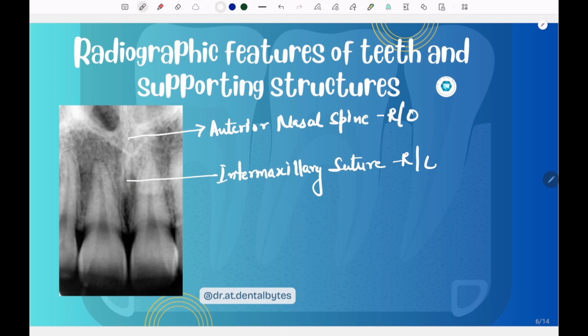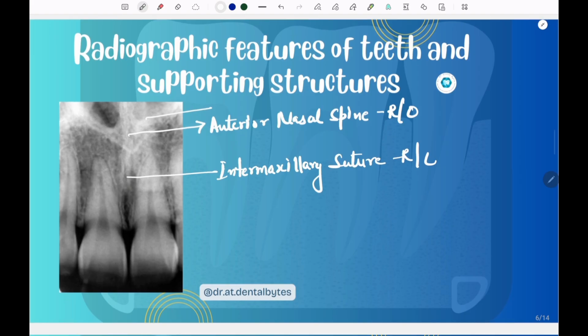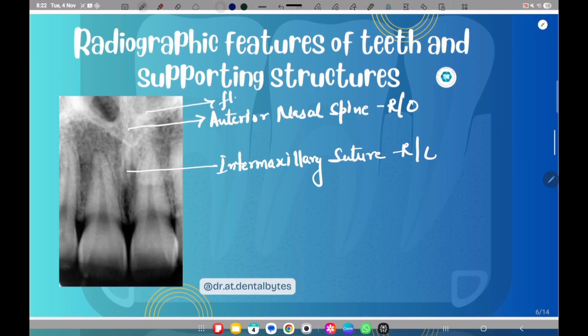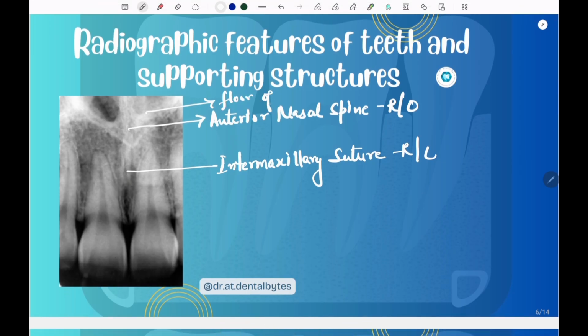This is the anterior floor of the nasal aperture. This is the incisive foramen. It appears as an ovoid radiolucency between the roots of the central incisors.